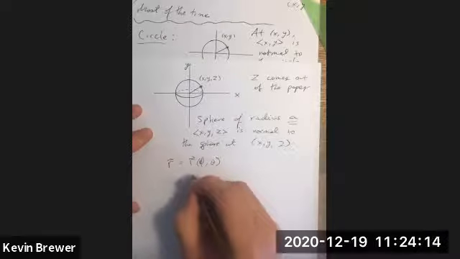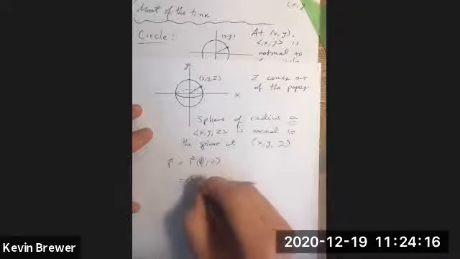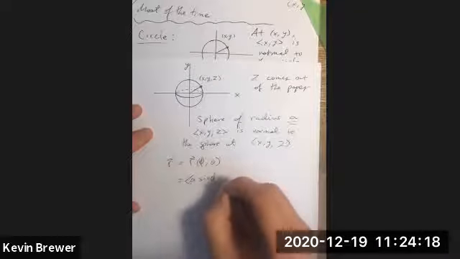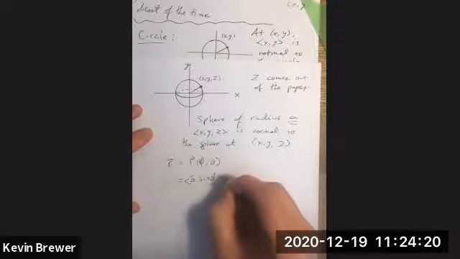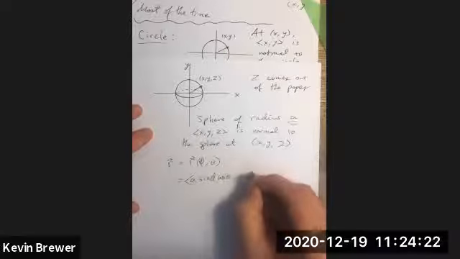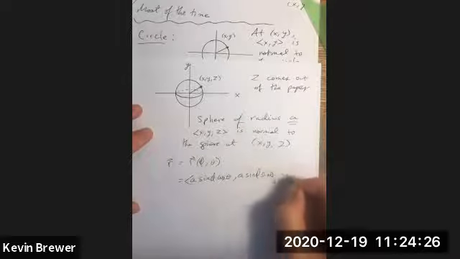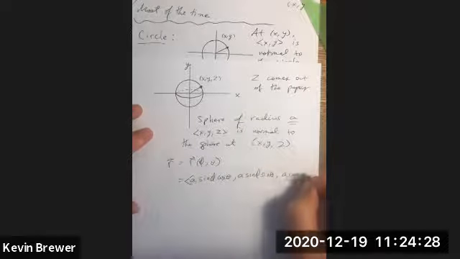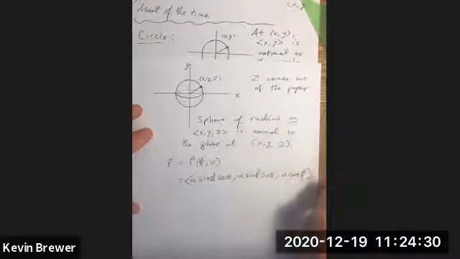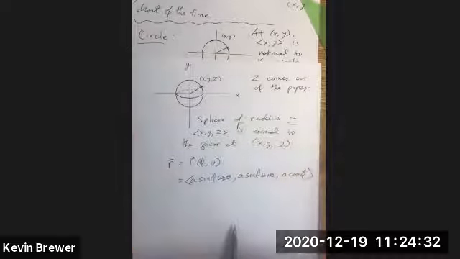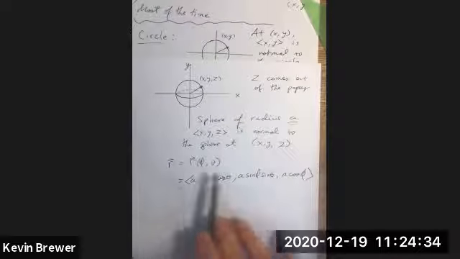So this is a sine phi cosine theta, a sine phi sine theta, and a cosine phi.